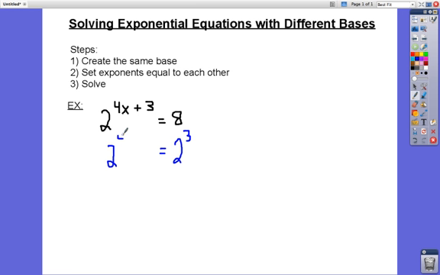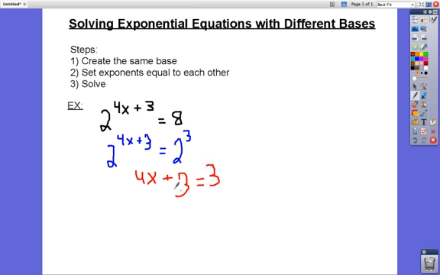Okay, so now that our bases are both 2's, we can set the exponents equal to each other. Okay, so again, we're going to take 4x plus 3 and it's going to have to equal 3.